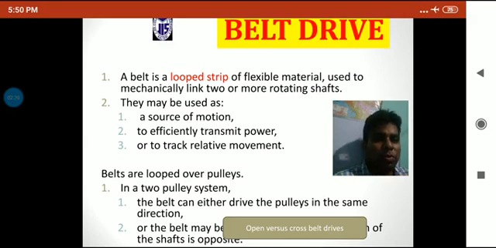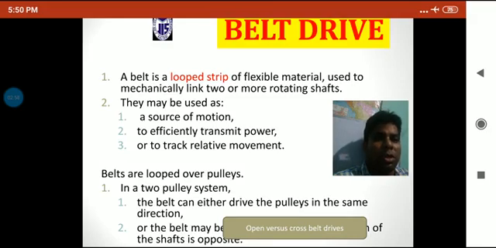A belt is a loose strip of flexible material used to mechanically link two rotating shafts or two rotating pulleys. We can easily apply the belt drive system, and that system is easier and less costly, and the maintenance cost is very low compared to gear drives.